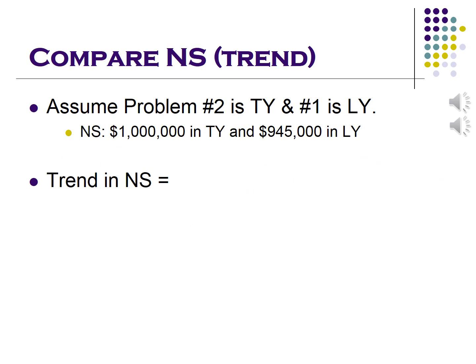So now let's think about what if we switch those two sales numbers between the 2 years. Now let's say this year's sales were $1 million and last year's sales were $945,000. In that case, what would be the trend in net sales?